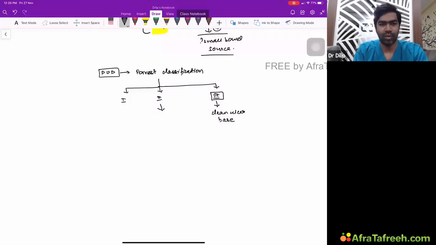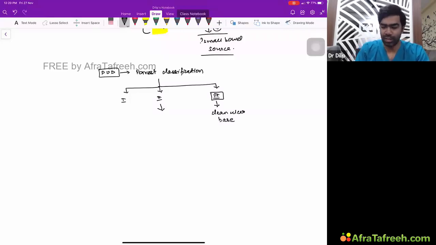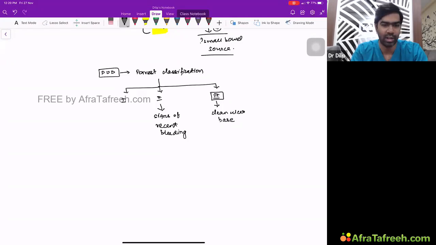Grade 2 are the ones which have some recent stigmata of bleeding, which means there are signs of recent bleeding, but it's not bleeding actively. So it has bled recently, but there is no active bleeding at present. But there are some signs you can see in the ulcer that tell you there was recent bleeding, but there is no active bleeding right now.